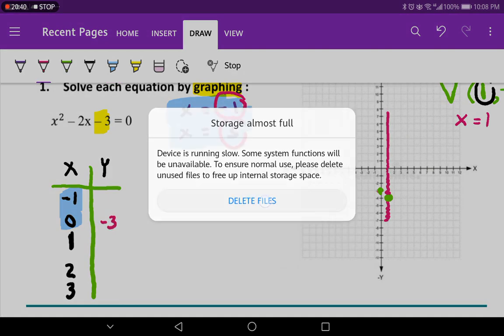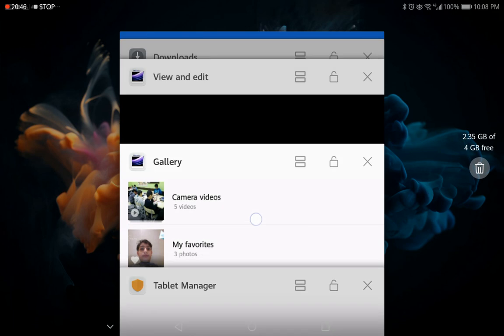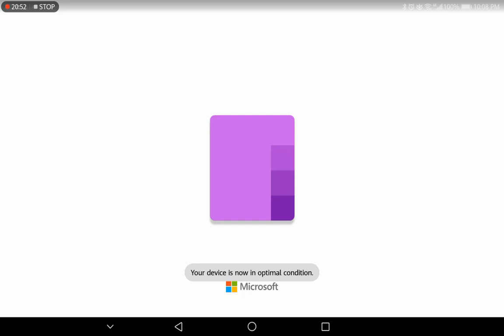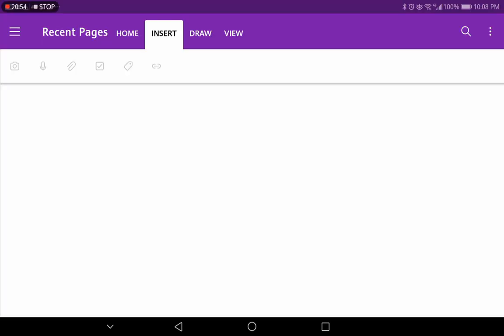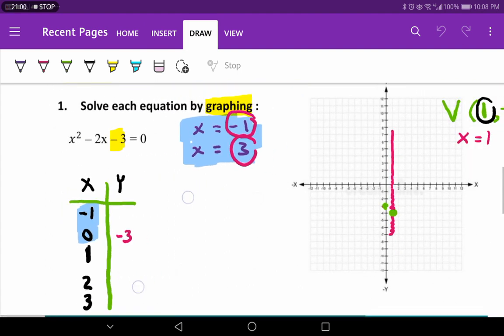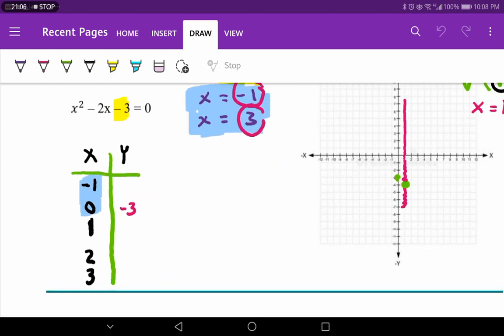How do you know? Put the 0 here instead of the x. Yes, this gives 0 and this gives 0. What is left? -3. This is -3.